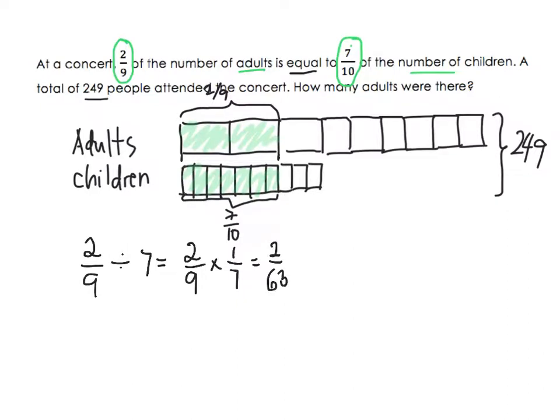So we can actually cut these two into 7 parts. If we draw dotted lines to mark each one over here to show the 7 parts, each part is actually 2 out of 63.